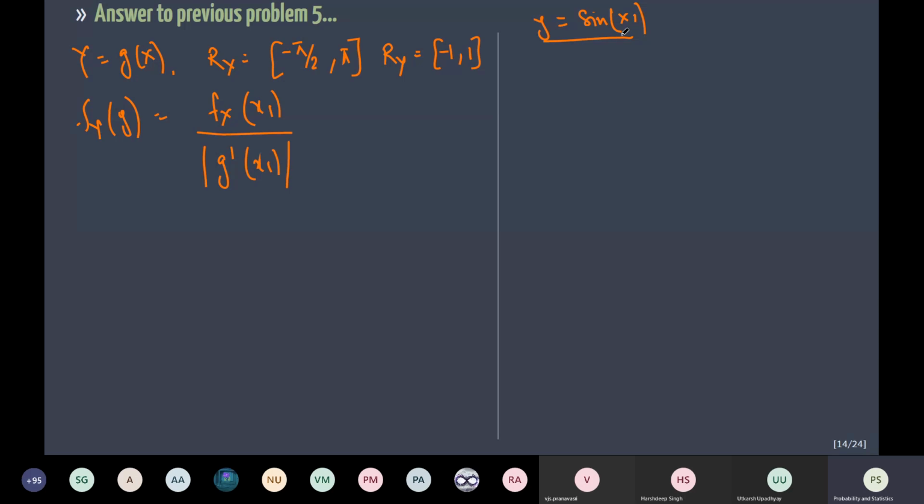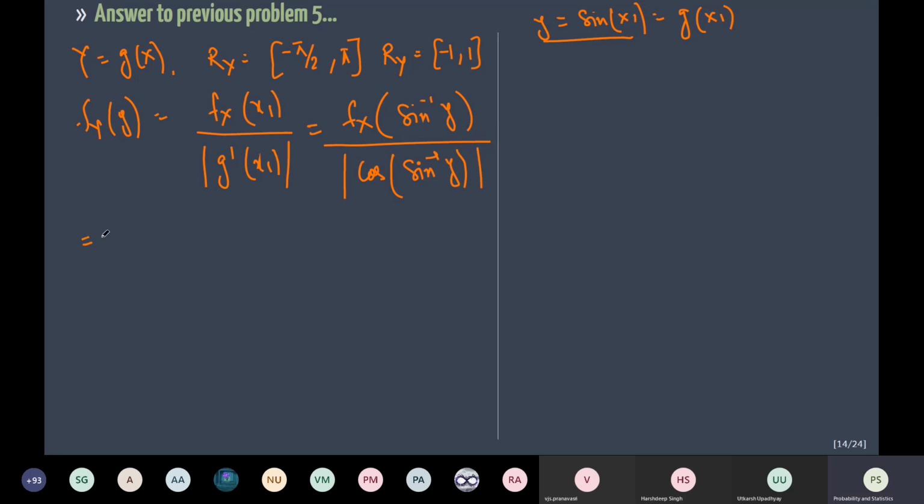So this will be f_X of x1, where x1 is sine inverse y, divided by g prime of x1. We also see this as g of x1. If I differentiate this with respect to x1, then I get cos of x1, but x1 is sine inverse of y.